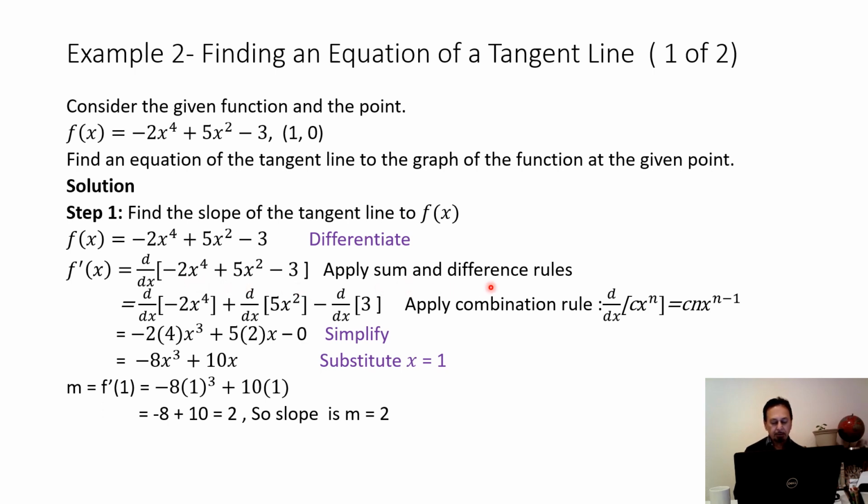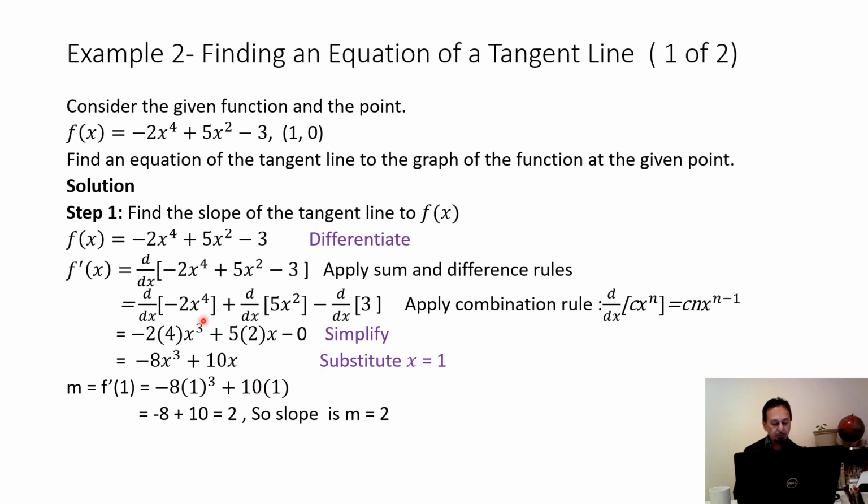Now we can apply the sum and difference rules and break this derivative down into three derivatives: d over dx of negative 2x to the 4th, plus d over dx of 5x squared, minus d over dx of 3. We can apply the constant multiple and power rule, which says d over dx of c times x to the n is c times n times x to the n minus 1.